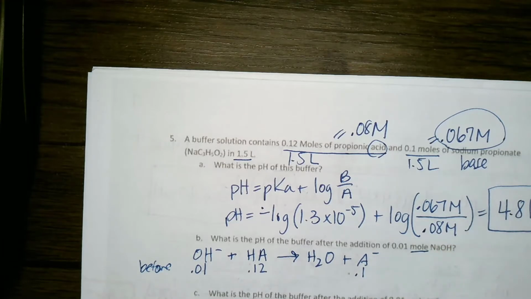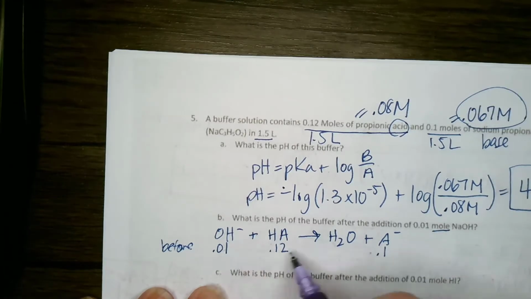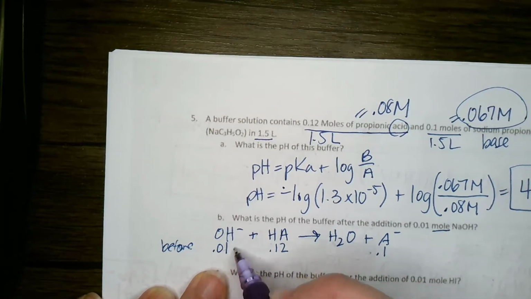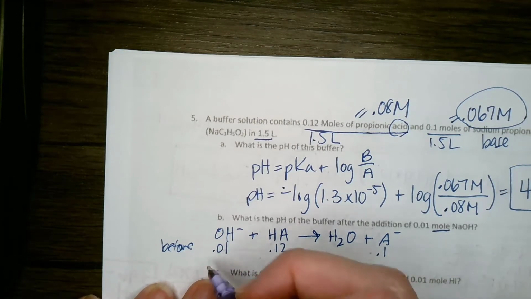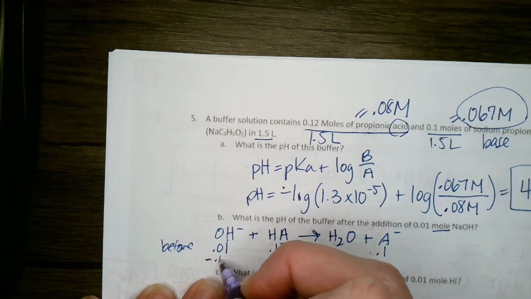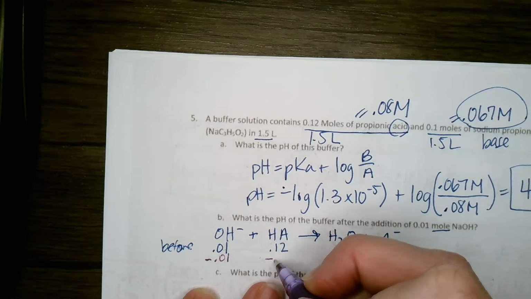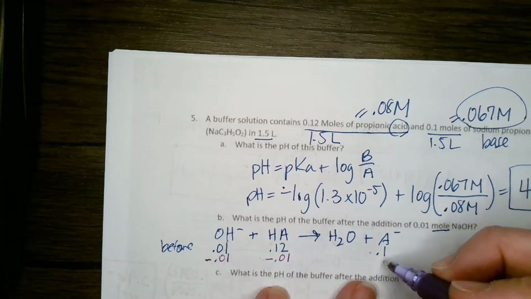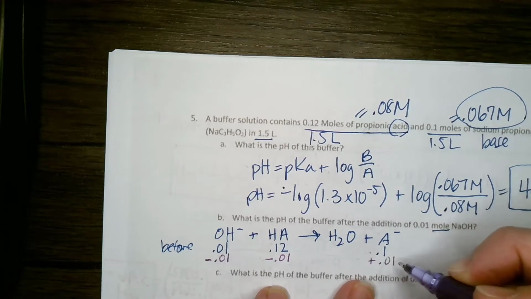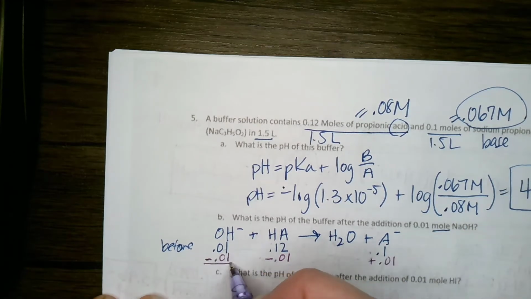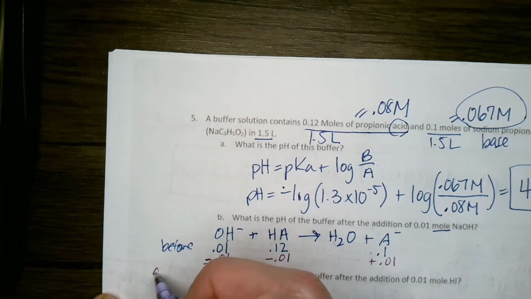Now let's look at what's going to get used up here. Definitely the smaller one will get used up first. So we're going to subtract 0.01, subtract 0.01, add 0.01. So not going to be any of that left. So this is after.